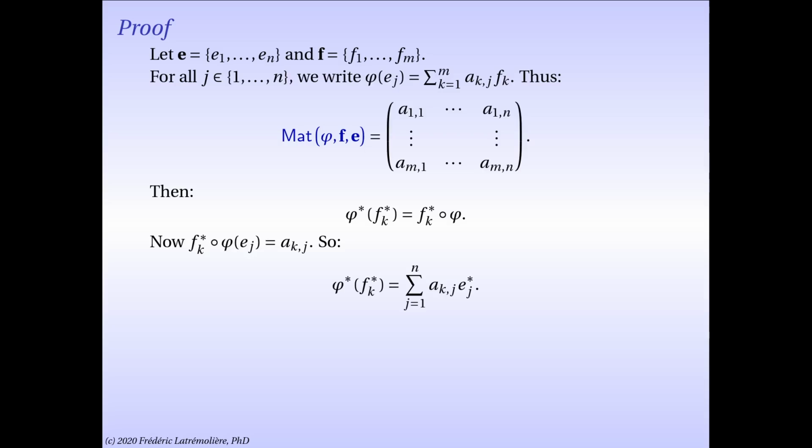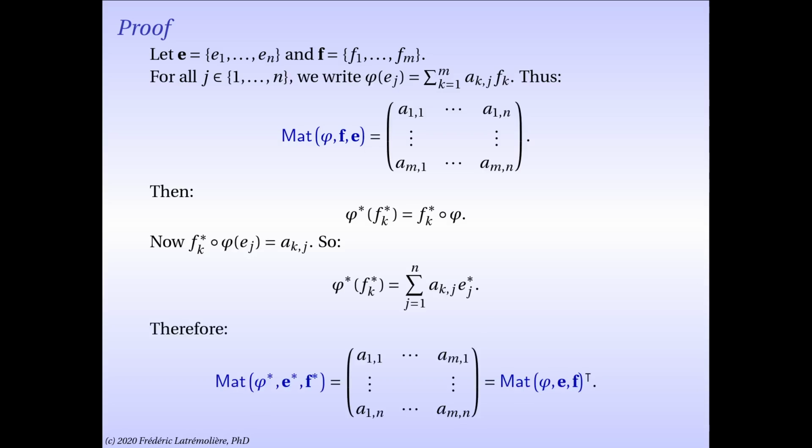We get that phi star at f star sub k is equal to the sum over j from 1 to n of a kj times e star j. From this, we can read the matrix of phi star in the dual bases bold F star and bold E star, and we simply observe that it is the transpose of the matrix of phi.